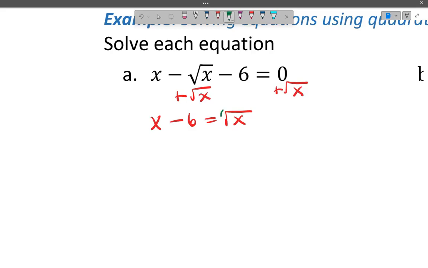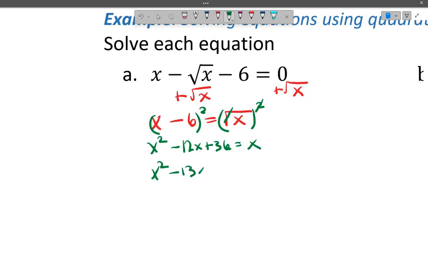Now, in order to get rid of the radical, we need to use our power rule. So we're going to square both sides, leaving us with x squared minus 12x plus 36 on the left, and then the radical cancels with x. So we're going to have x squared minus 13x plus 36 equals 0.